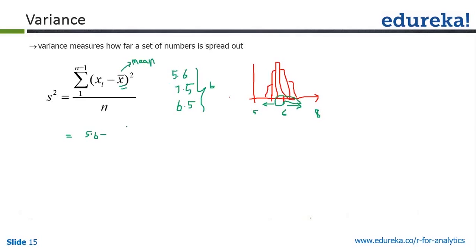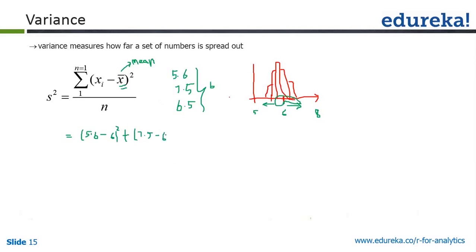And you take this observation, subtract it from the mean, and you square it. Then you take the second observation. So in this case you're taking 7.5, and you subtract it from the mean here.